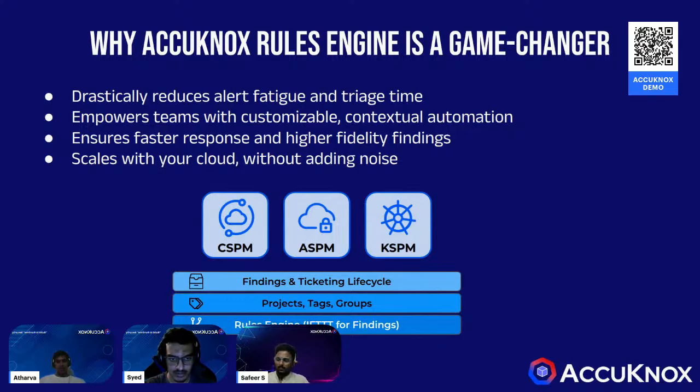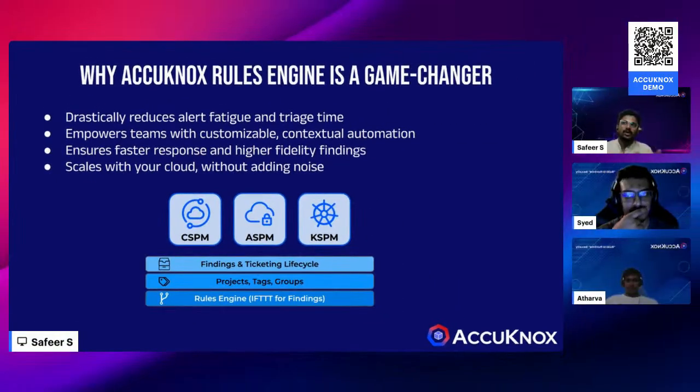So now we have seen a unified platform to view all the vulnerabilities across cloud, application, and Kubernetes environments, right? And we have seen there is a life cycle for all the findings. They can change the status to ignored, exception requested, false positive, etc. We have projects, tags, and groups to organize the assets and findings in AccuKnox.